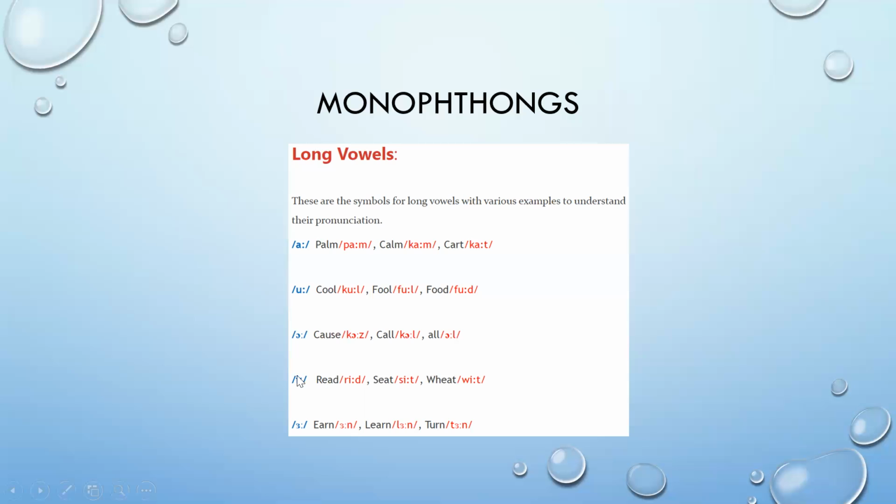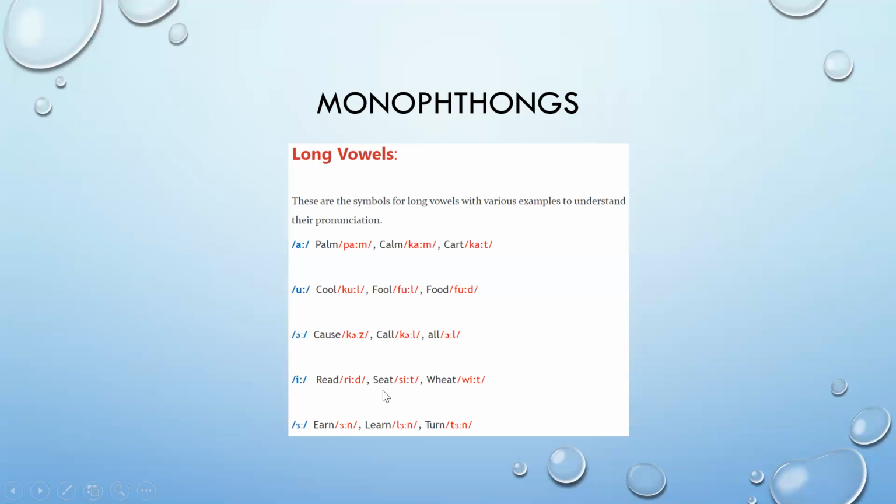The next symbol is, we had the short i in the previous group. Because we have the colon, two dots beside it, this is spelled as a longer e, as in read.